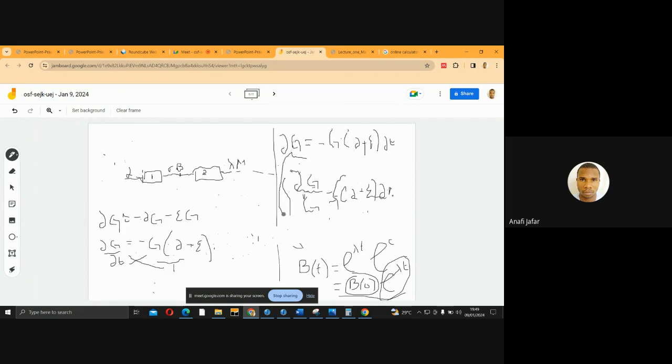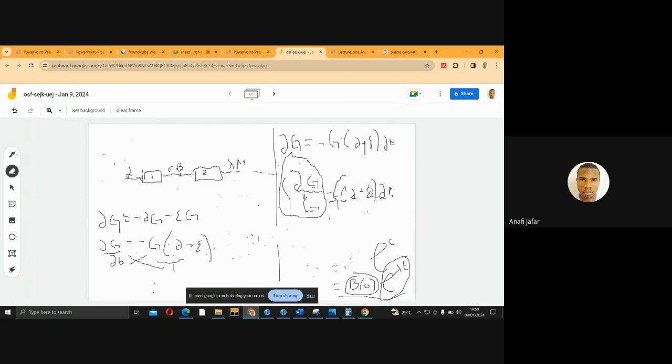You get ln g, not exponential yet. ln g is equal to what?